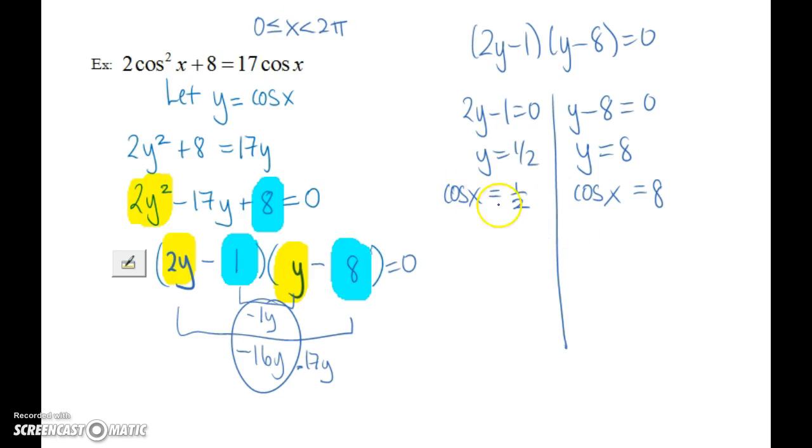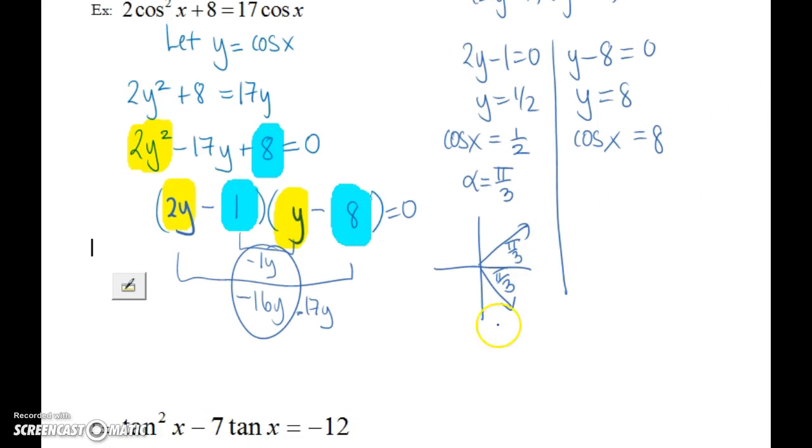All right, so to solve cosine x equals 1/2, we want to find the angle that has a cosine value of 1/2. We know that's 60 degrees or pi over 3, but that's our reference angle. We're going to sketch in quadrants 1 and 4 because that's where cosine is positive. And the reference angle is pi over 3.